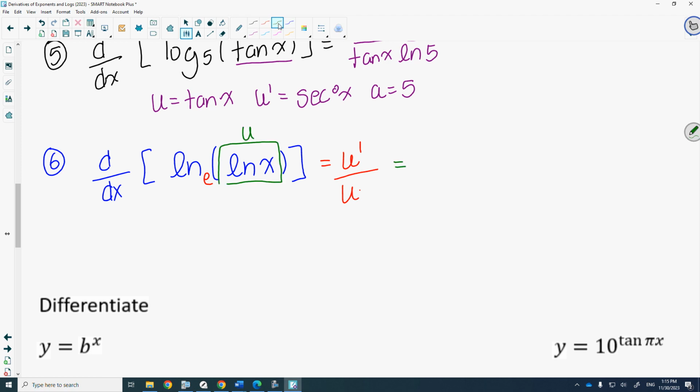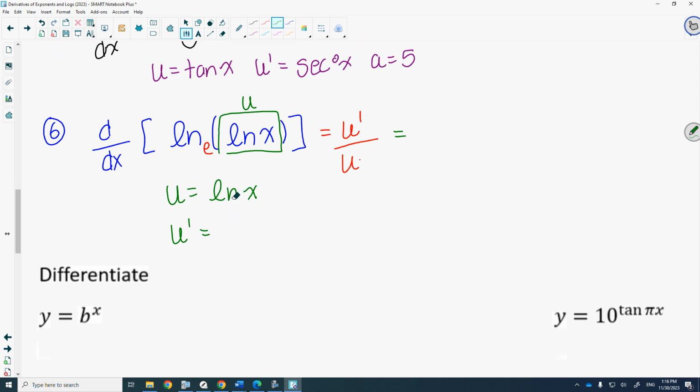U is my argument, so it's the natural log of x. U prime is the derivative of the natural log of x, and we know that the derivative of the natural log of x is 1 over x. So according to this formula, u prime over u, I would have 1 over x over the natural log of x.